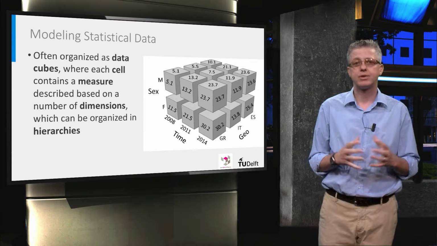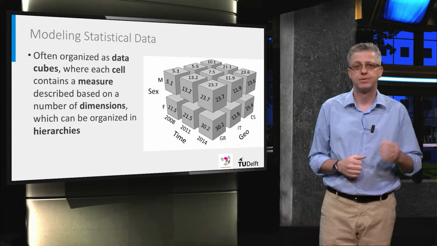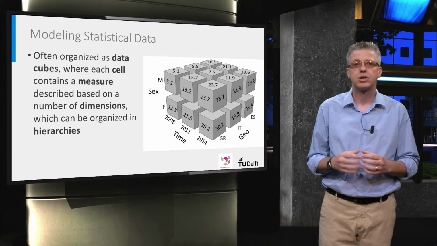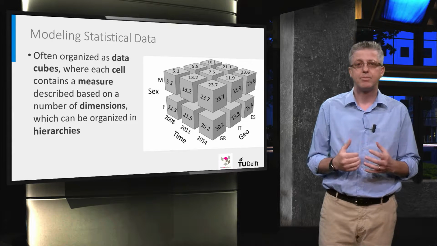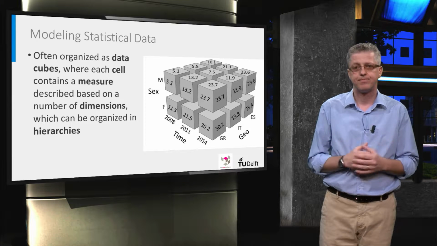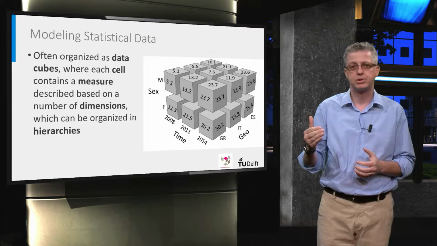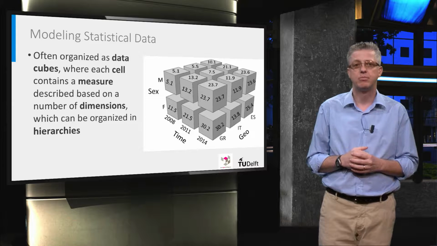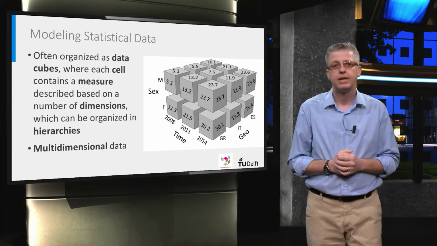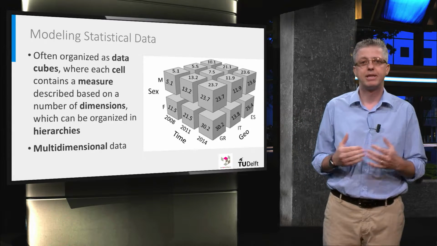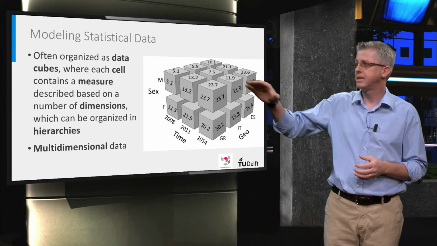Statistical data is often organized as data cubes, where each cell contains a measure described based on a number of dimensions. Although they are called cubes, these structures can have more than 3 dimensions. Data that is characterized by many dimensions is also called multidimensional data.